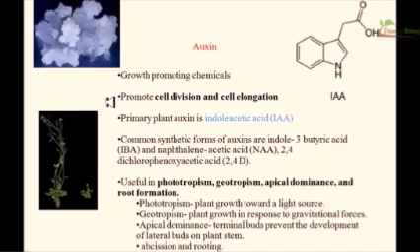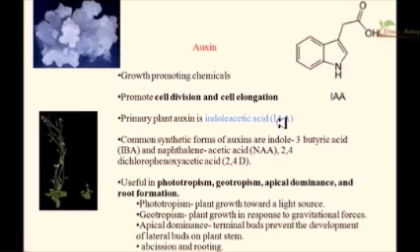Now let us begin with each of these plant growth regulators. First is the auxin. Auxin promotes growth. Okay, so it's a growth promoting chemical. It promotes cell division and cell elongation of the plants. And the primary plant auxin is called indole acetic acid or IAA.